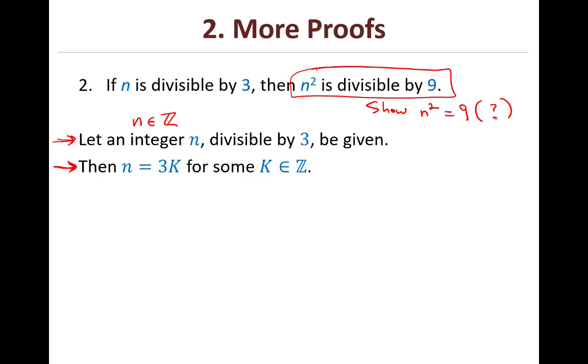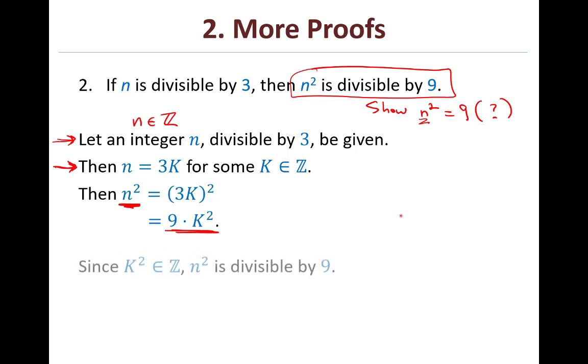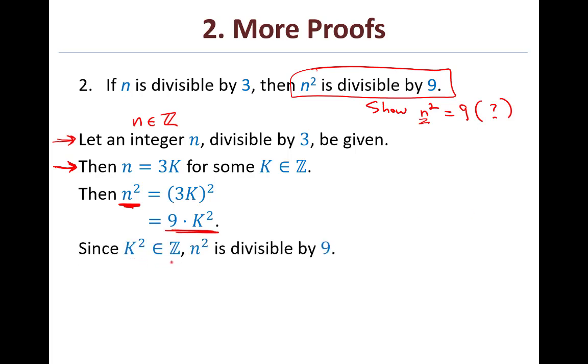Can I do that? Well, let's start working with n squared. n squared is 3k squared. I can distribute my exponent by the laws of exponents, and I get 9 times k squared. And look, there it is right there. n squared equals 9 times k squared. Since k squared is an integer, n squared is divisible by 9.